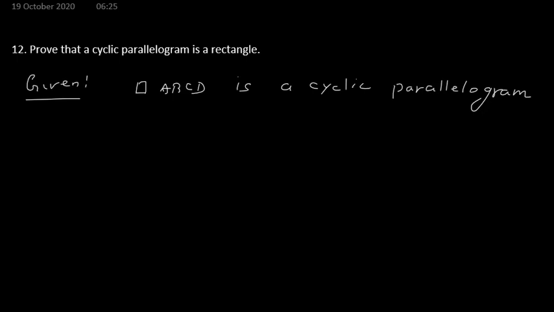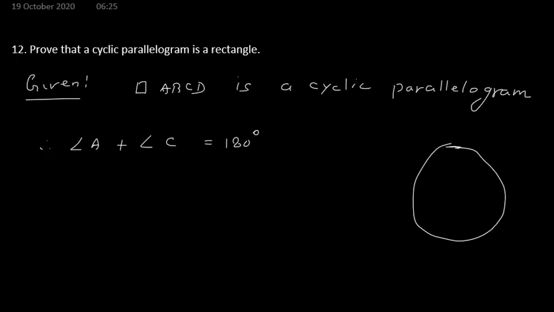So therefore angle A plus angle C will be equal to 180 degrees. This is our cyclic parallelogram ABCD. Angle A plus angle C, I got their sum as 180 degrees.